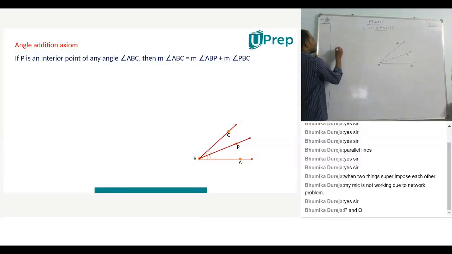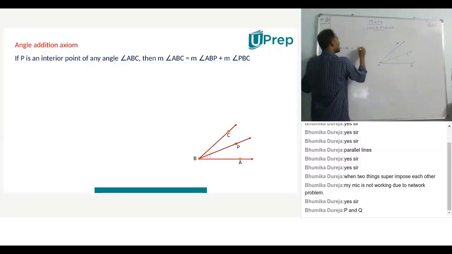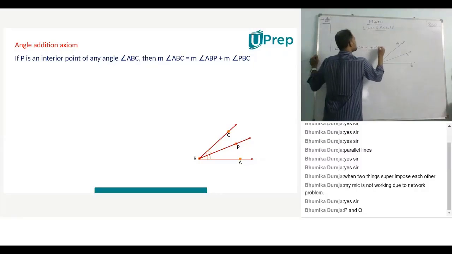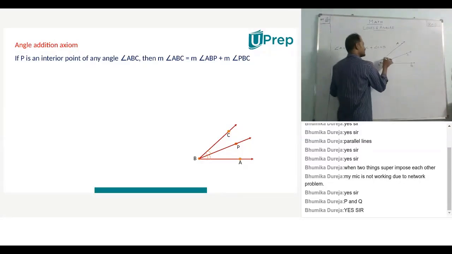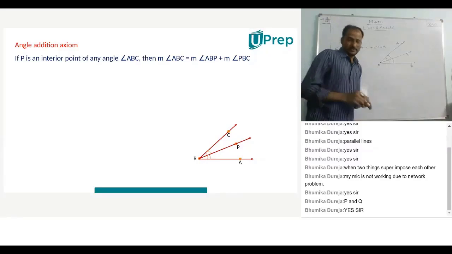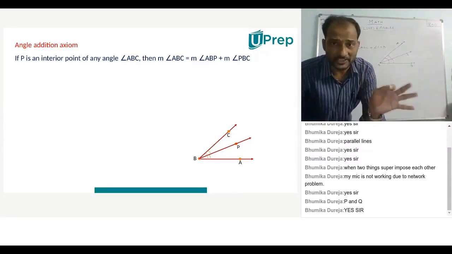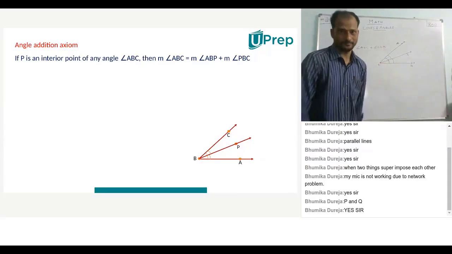Then what can I write? Angle AOB will be equal to angle AOC plus angle COB. Am I right? Yes, sir. So this whole angle will be equal to the sum of this angle and this angle. This is called the angle addition axiom.